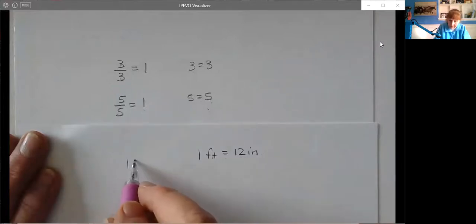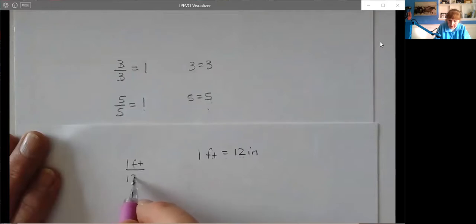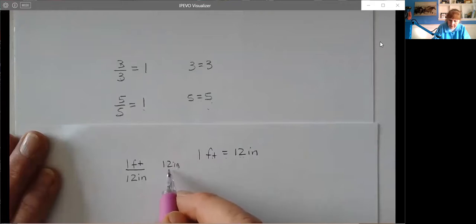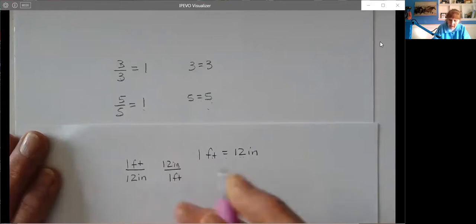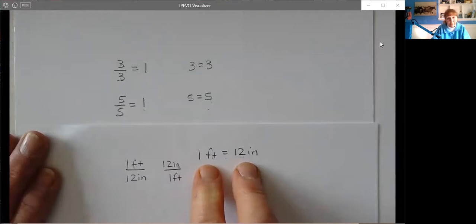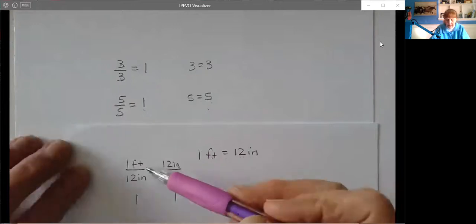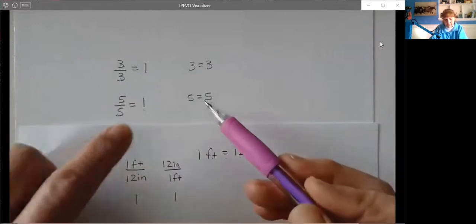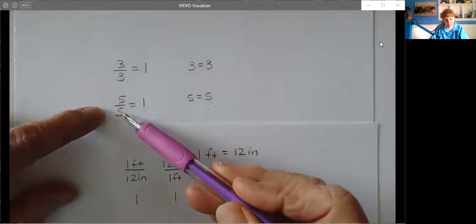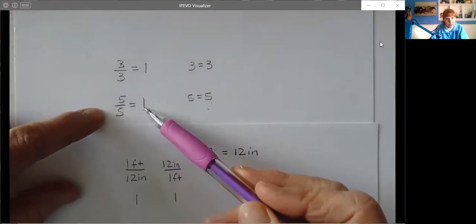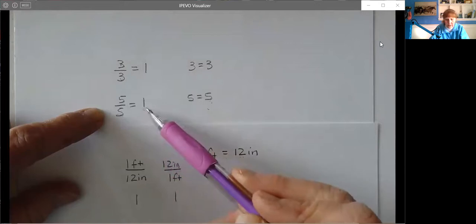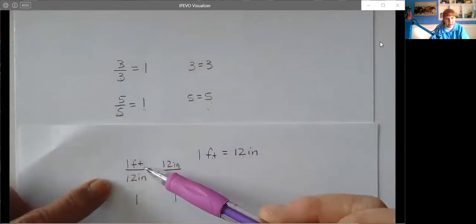I could write 1 foot over 12 inches, or I could write 12 inches over 1 foot. Because these are equal to each other, I have created two ratios, and both of these ratios have a value of 1. 5 is equal to 5, so if I create a ratio, it does have a value of 1. This is just easier to see intuitively than this is right here.